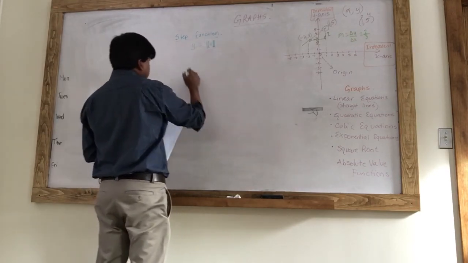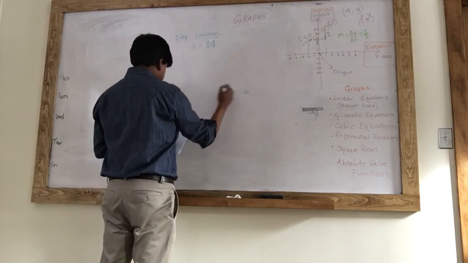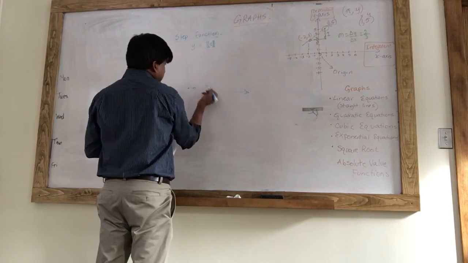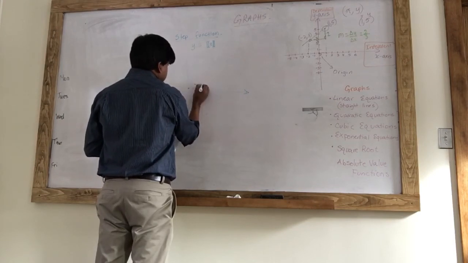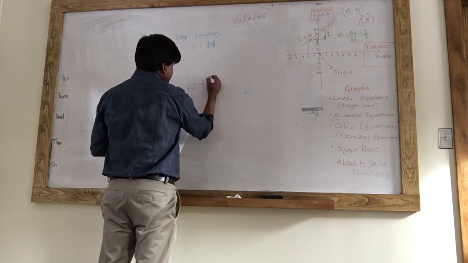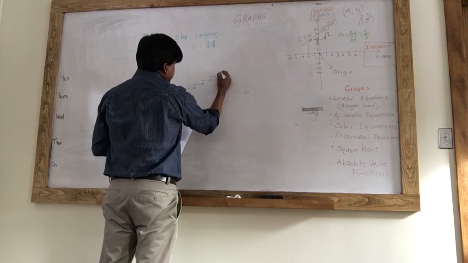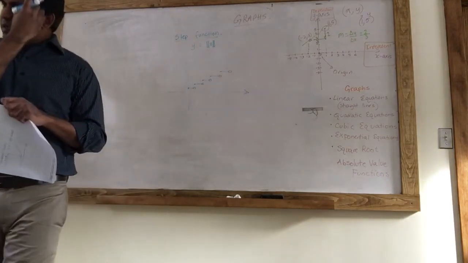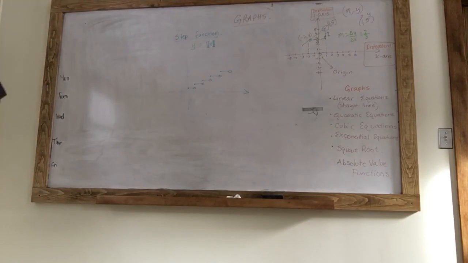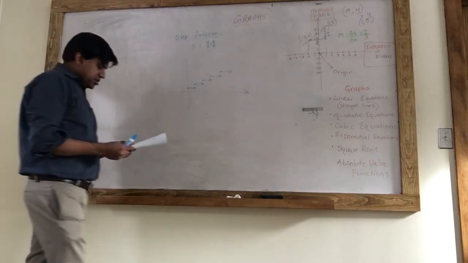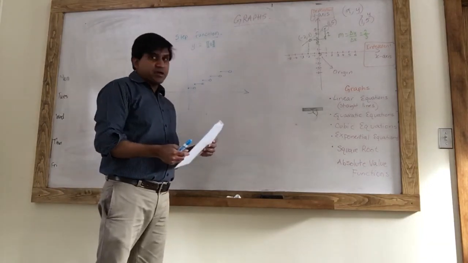Imagine a step. So the graph will look like this. So there will be an inclusive and a non-inclusive point, inclusive, non-inclusive, and stuff like that. It looks like a step. And this is how you would do the step function. Alright? So this is all we need to know about graphs.